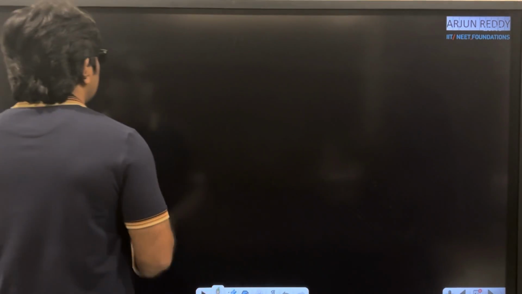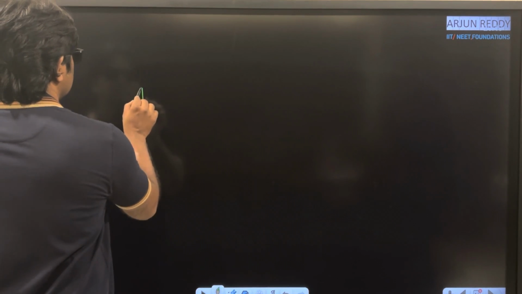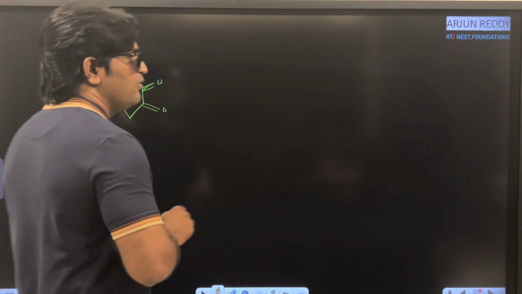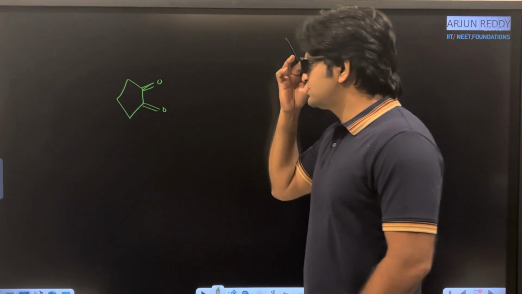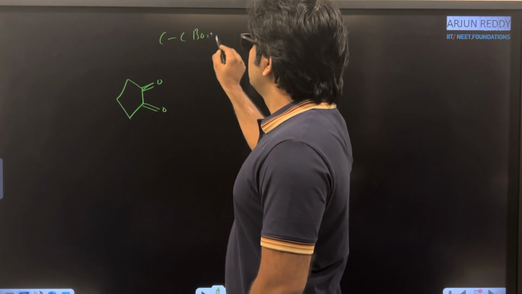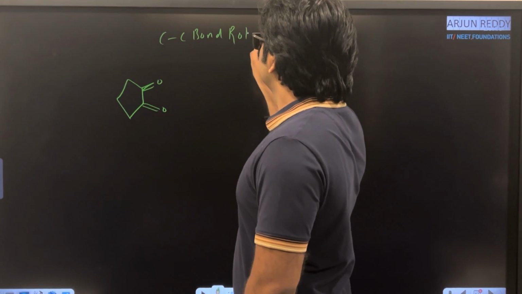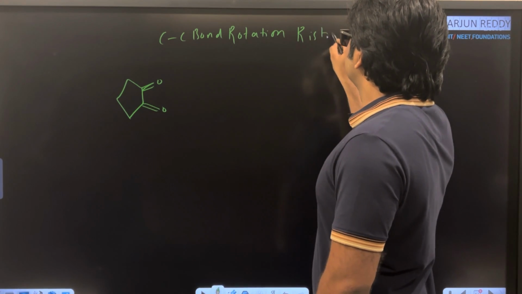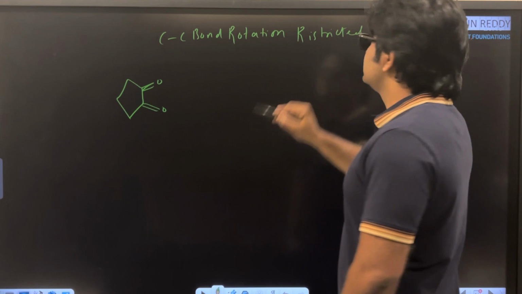Yeah. Come to the next example. If the same compound is given like this, double bond O and double bond O, a 1,2-diketone. But here, this is not an acyclic compound. This is a cyclic compound. In a cyclic compound, CC bond rotation is restricted. There is no chance for CC bond rotation.